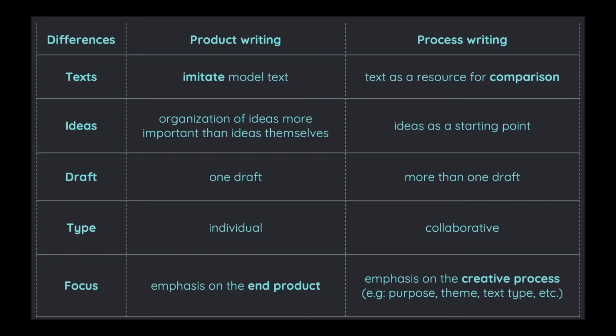The students are encouraged to discuss the ideas and debate their ideas, and then exchange drafts with their peers for feedback. The focus of product writing is, of course, on the end product. And meanwhile, process writing emphasizes the creative process. For example, the purpose, the theme, the text type, things like that.